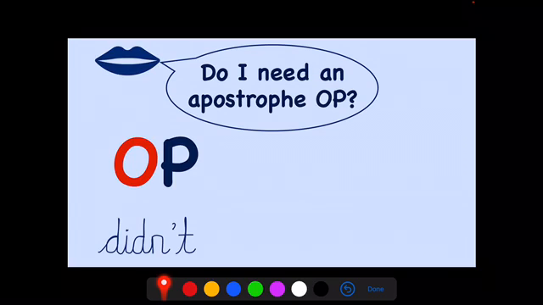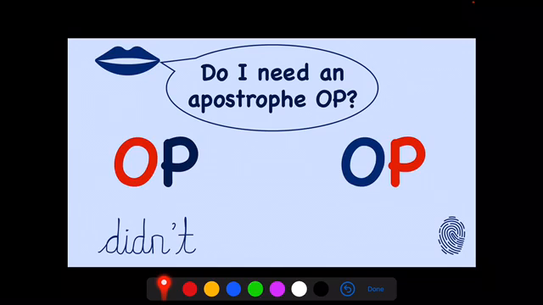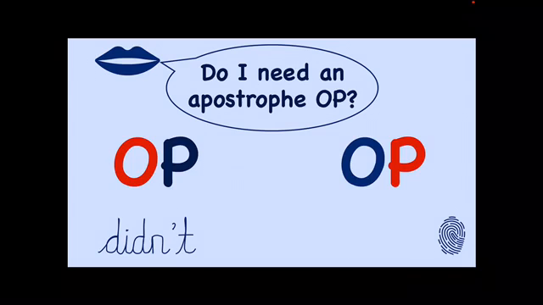didn't. And let's have a think about showing possession when we're writing. Here we have a fingerprint. Dan's fingerprint. And we can see straight away we have an apostrophe and the letter S to show that this fingerprint is Dan's.